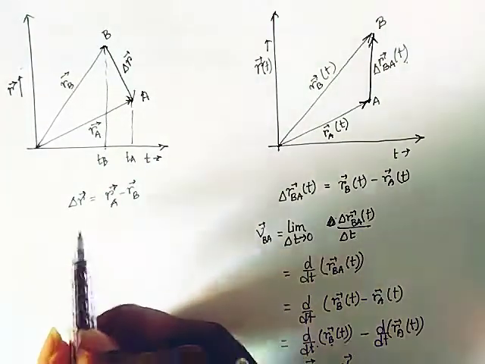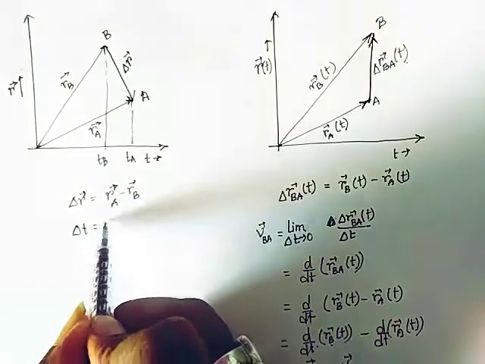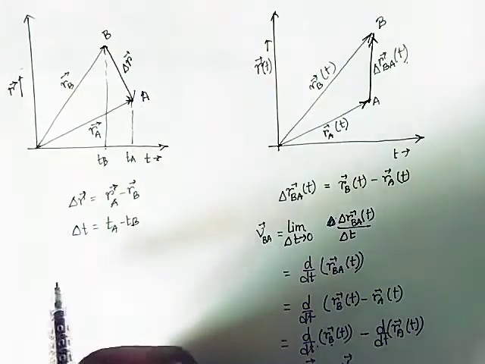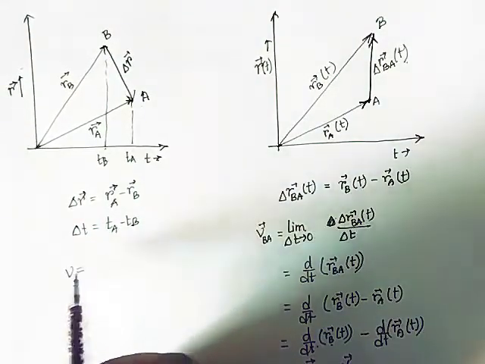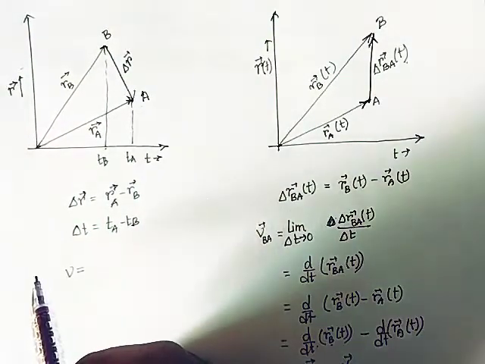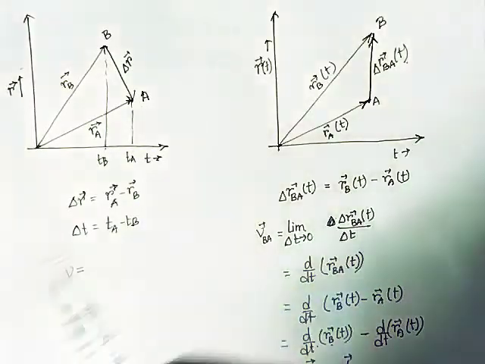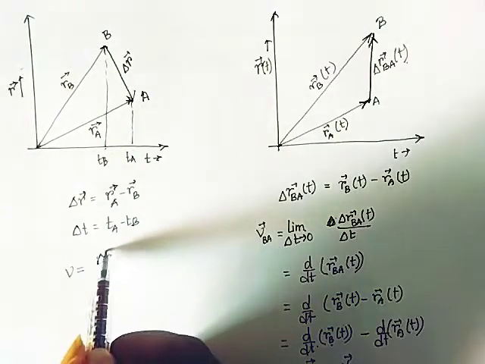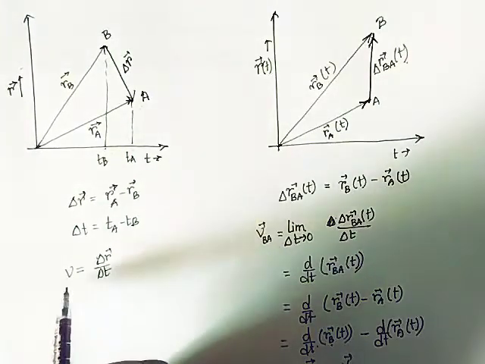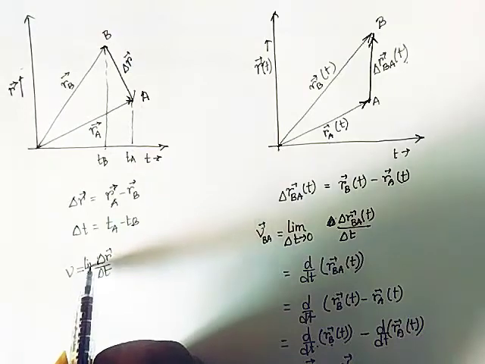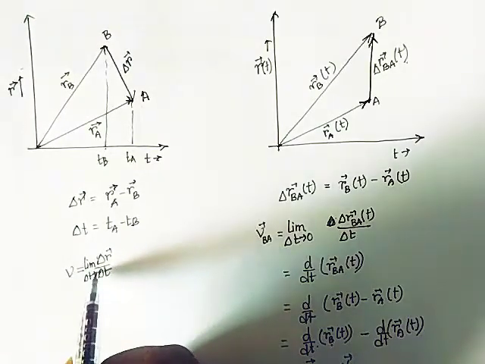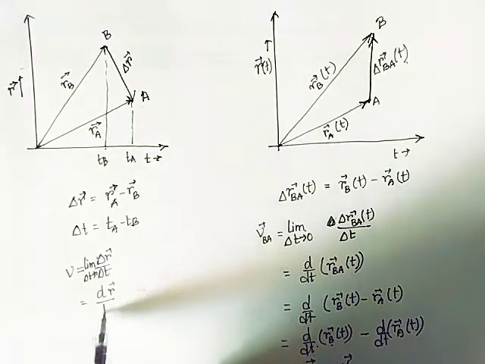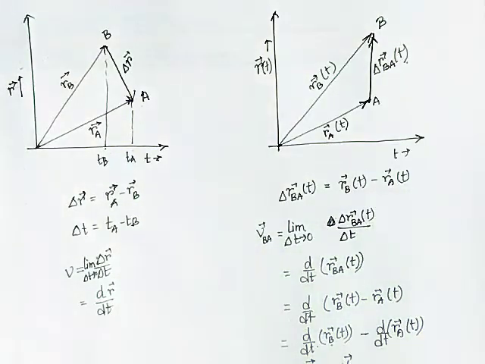If I take the time difference, that is del t, as Ta minus Tb, then the velocity, if I represent, that will be of that particle that transits from the point B to point A. So that will be del R divided by del t, and if I want to take the instantaneous velocity, then limit del t tends to 0, and that will be dr by dt. So that is the basic difference.